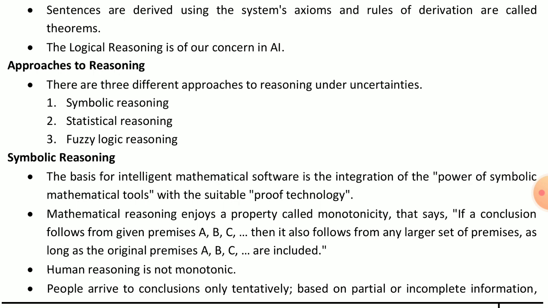Here we can find the conclusion, and for the conclusion we can use some rules. In the rules we make a different set of attributes, and as long as the original premises A, B, C are included, we can add some external attributes while our basic attributes stay the same, and we can use different rules.